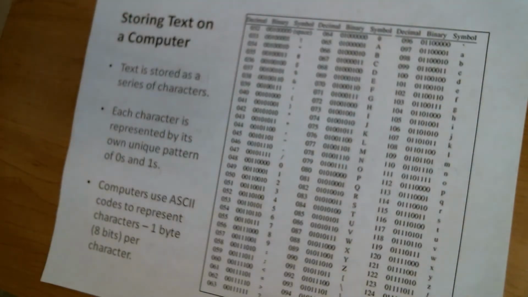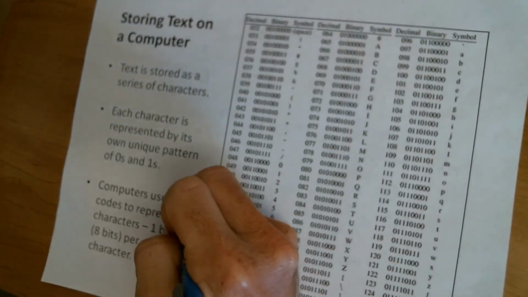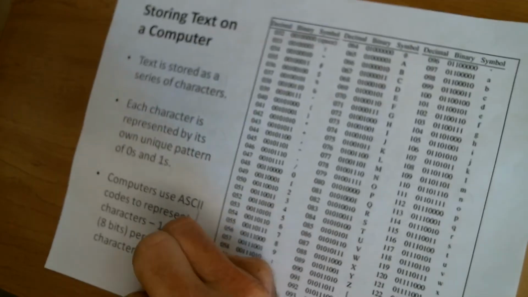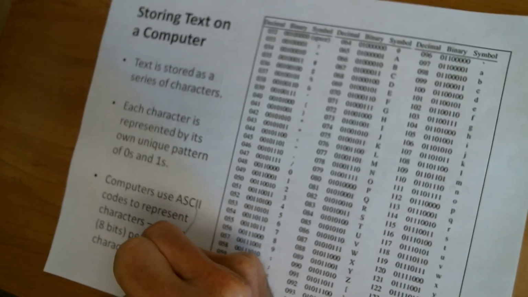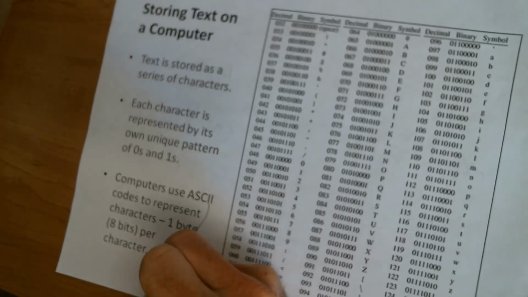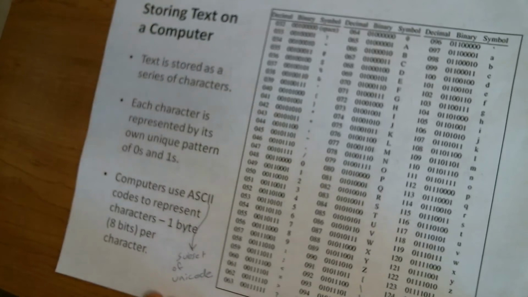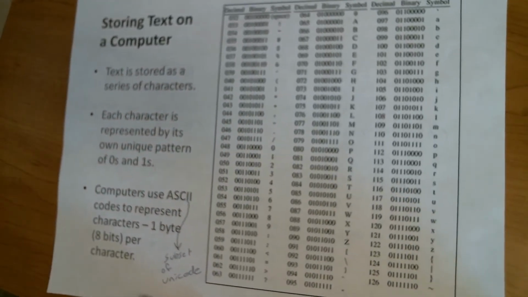Now, if you haven't heard of ASCII before, maybe you've heard of Unicode. Just know that ASCII is a subset of Unicode. All right, and basically what it breaks down to is when you're only using 8 bits, that's actually not enough space to capture all of the different characters that are out there.